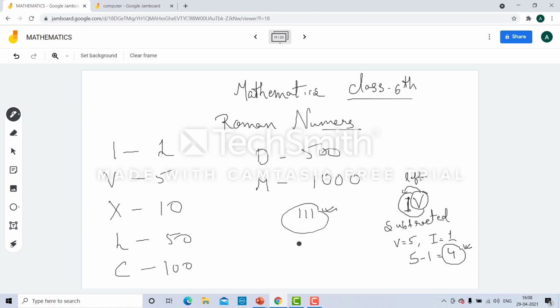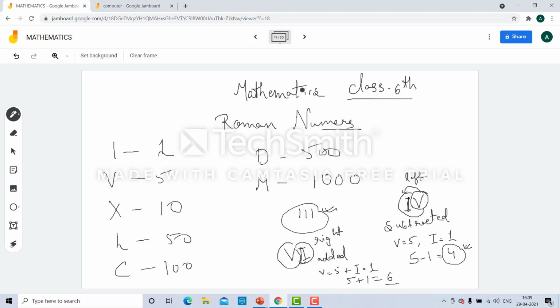And whenever a number is written to the right of the bigger number, like here 5 is the bigger number and I is written to the right side, it is getting added. So V equals 5 and I equals 1, 5 plus 1, and we have the answer 6.